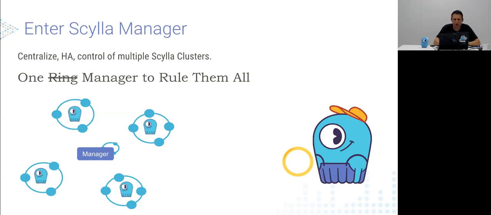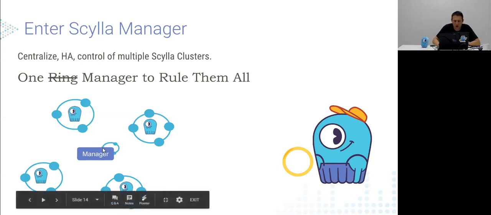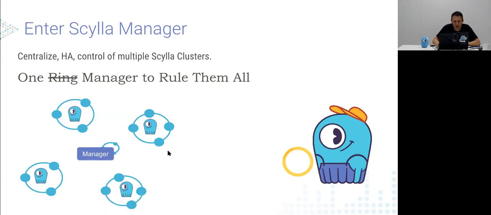We do plan to extend the manager to do much more than that, and at the end of the session, I will elaborate on that in the roadmap. As you might be able to see here, the manager has its own small Scylla cluster just behind it. I'm not sure you can see it. To make the manager highly available, the manager needs a persistence database as a backend, and just by chance we're using Scylla as a backend.